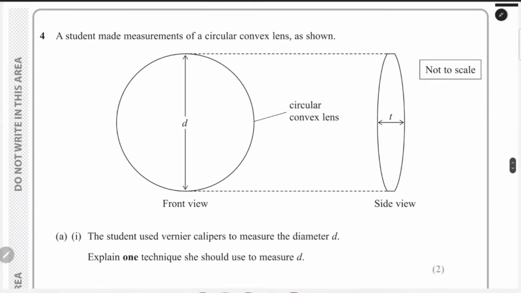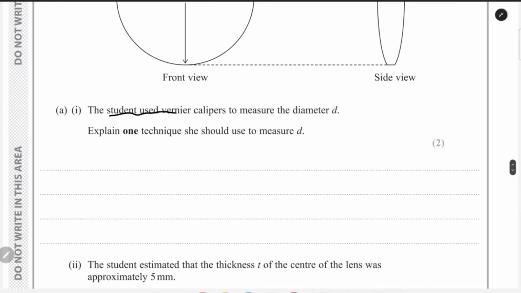Now in question 4, we are told that a student made measurements of a circular convex lens as shown. The student used vernier calipers to measure the diameter. We have to explain one technique she should use.